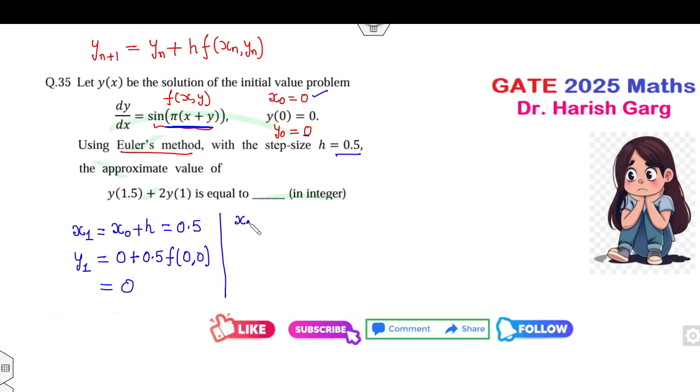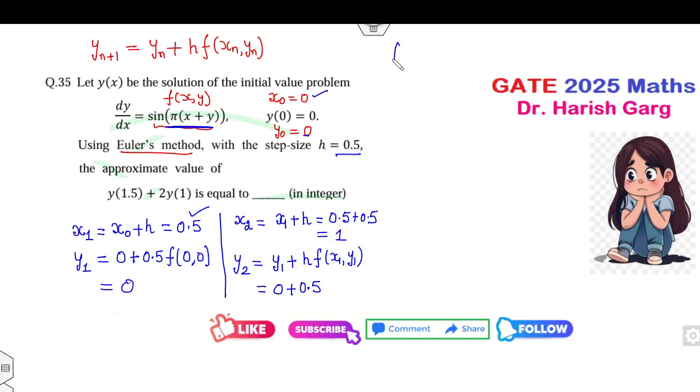Can you calculate the value of x2? This is x1 plus h. x1 is 0.5, h is 0.5, so 0.5 plus 0.5 is 1. Therefore y2 is y1 plus h f of x1, y1. The value of y1 is 0, h is 0.5.